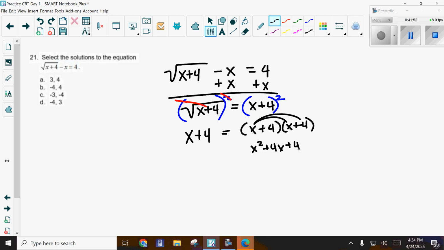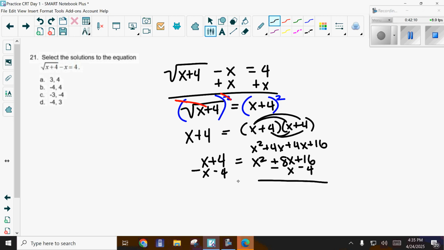And then plus 4x plus 16, that's this part. Combine like terms. And then get it equal to 0. Subtract that, and I'll subtract 4. 0 equals x squared plus 7x plus 12.